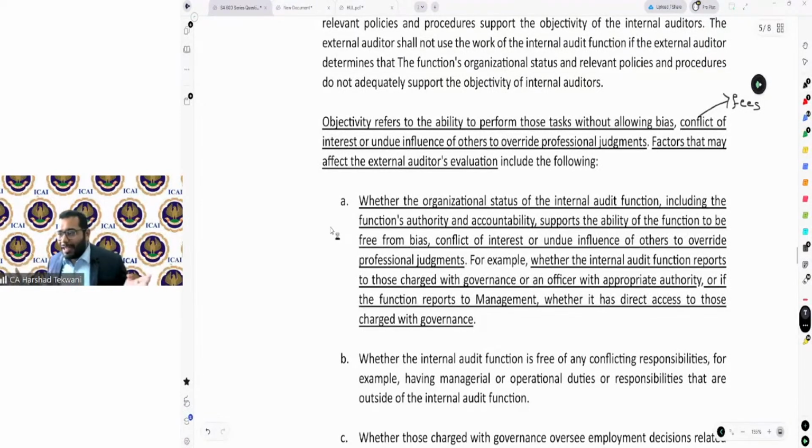If the hierarchy of the internal audit function is such that they are not able to report to or directly access those charged with governance, and have to go through management every time, then that's an issue because of the organizational structure. They cannot provide the output of the work they have performed to those charged with governance.